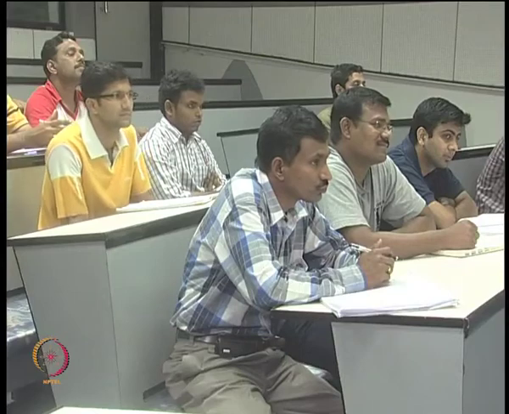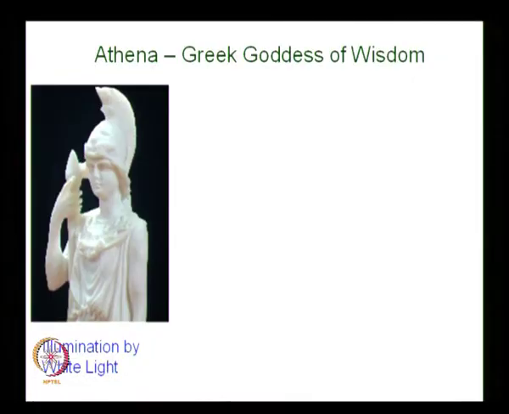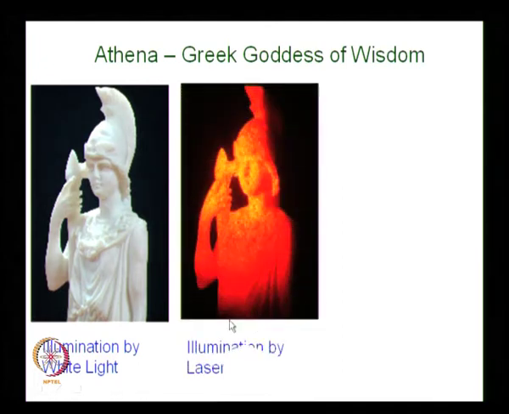Okay. So, what you see here is a beautiful picture of Athena, its illumination is white light. Suppose I change the light source, what happens? This figure is much better, this figure is not even nice to watch.